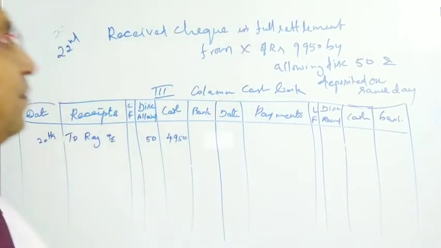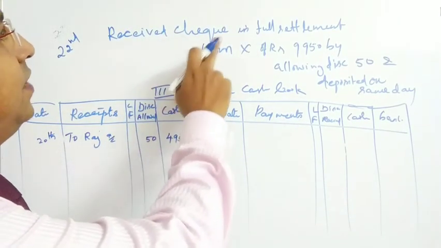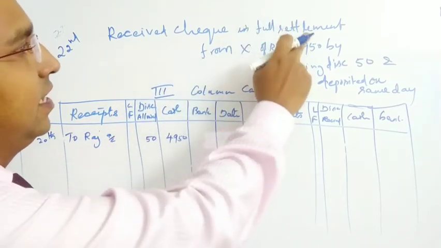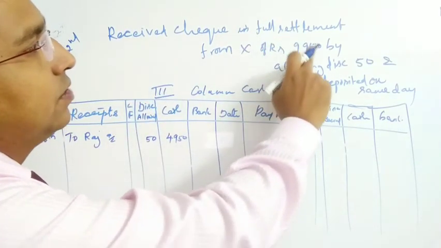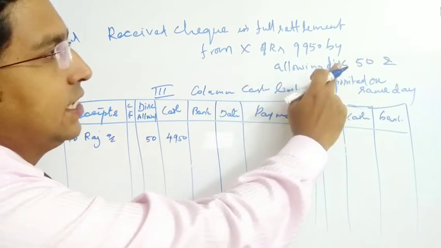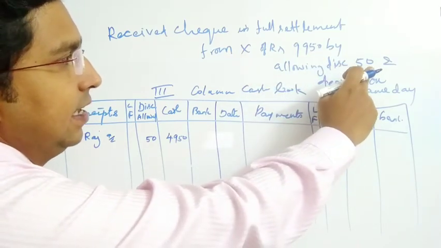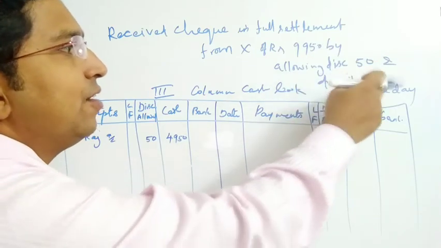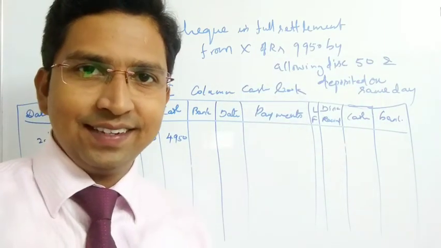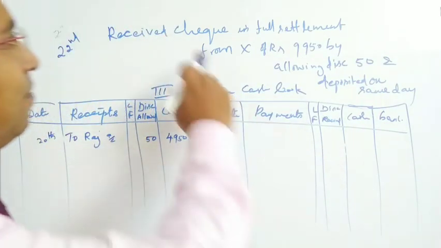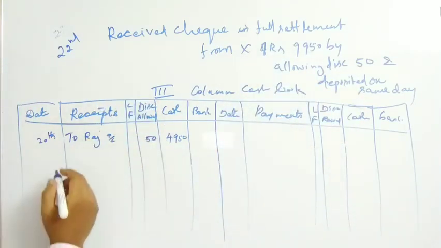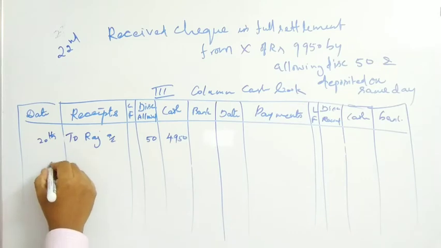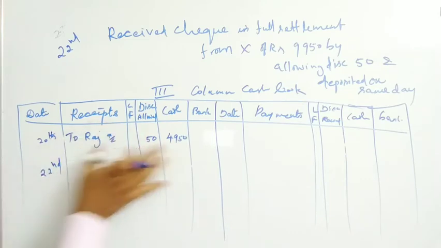Let us take another example. Suppose we are receiving a cheque as a full settlement from X on 22nd of rupees 9,950 by allowing the discount of 50 rupees, and deposited on the same day. If we come across a transaction like this, we do the same thing on 22nd, adding to my previous example.